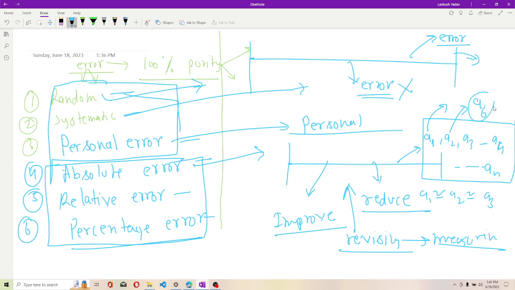Why? Because we have taken so many experiments. We have taken so many chances of having a correct result. So if I had only three results, there is a chance that somebody measured 50, somebody measured 50.5, somebody measured 50.6.